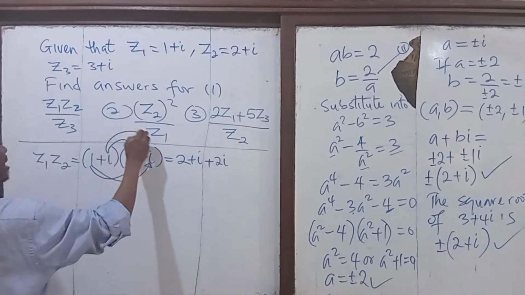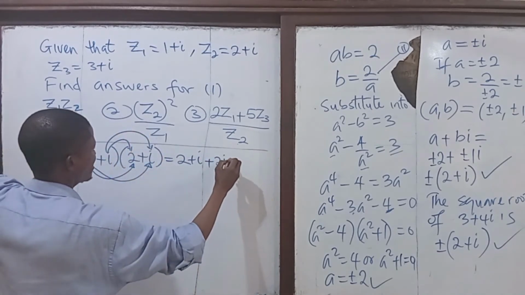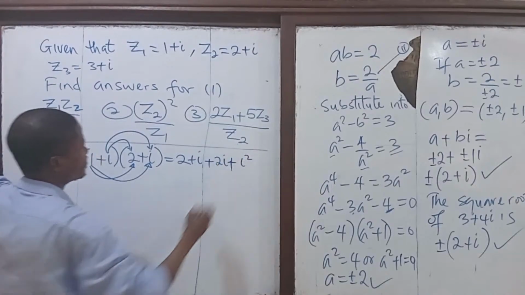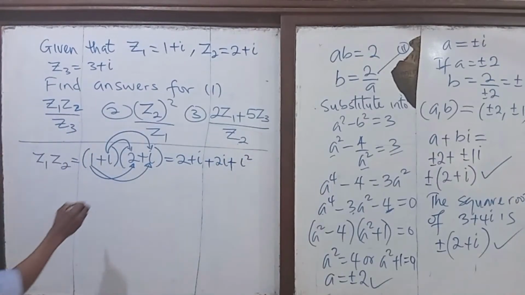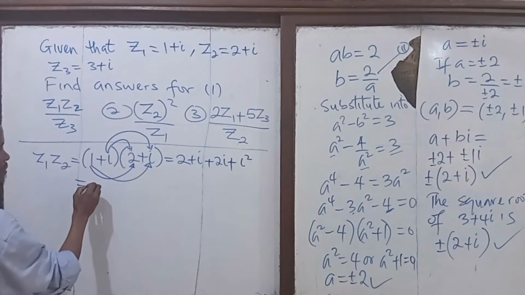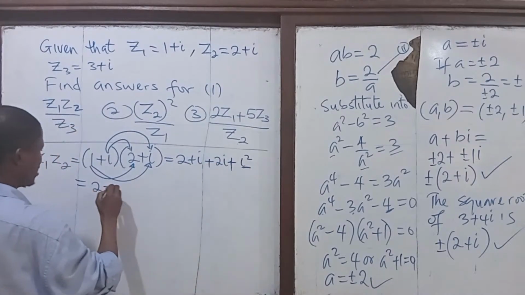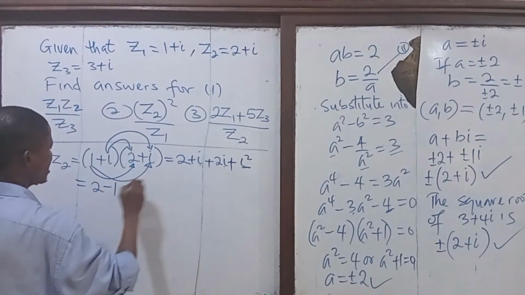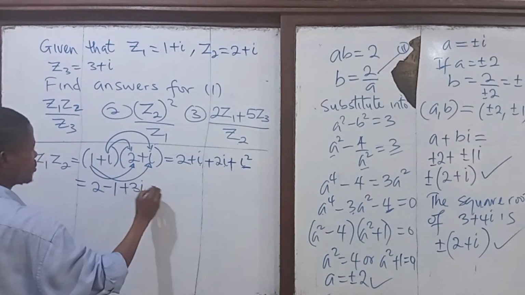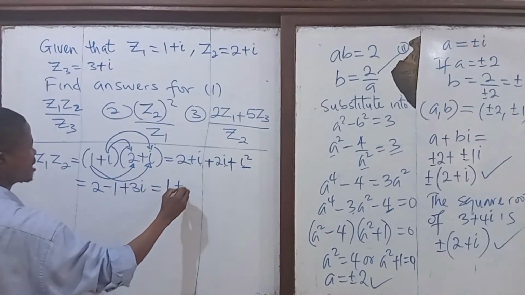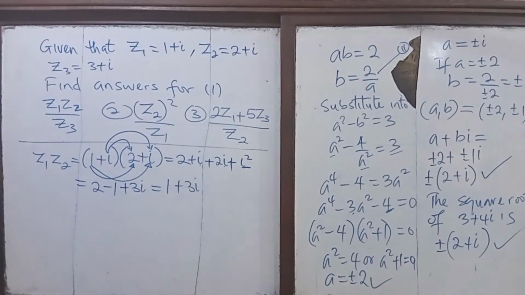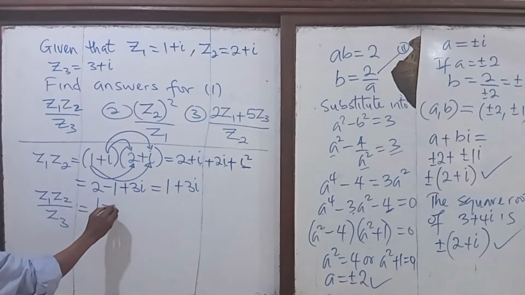And finally, i times i, that's a plus i squared. So that's giving us 2, this will be minus 1, and this one and this one, that's a plus 3i. That's the product.